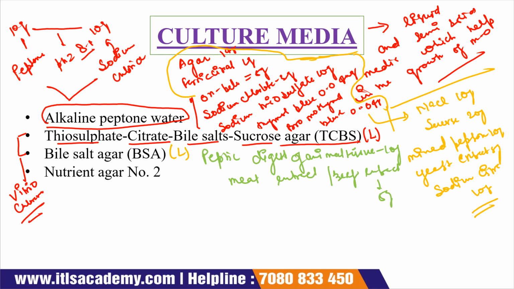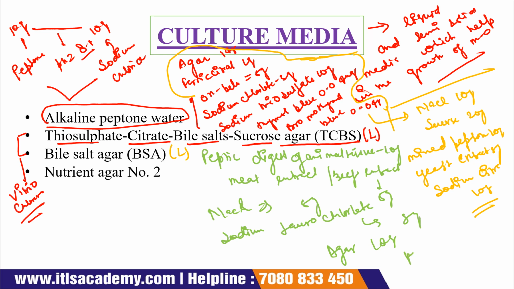Then we require sodium chloride 5 gram, sodium taurocholate 5 gram, agar 18 gram, and the final pH will be 8.2 plus minus 0.2. The composition of the nutrient agar was already discussed in our previous lecture. You can go and check it.